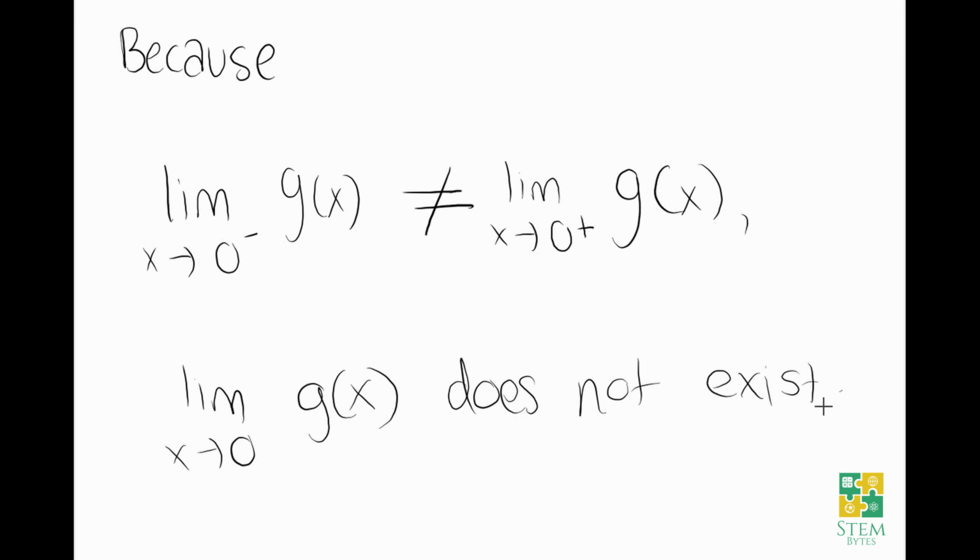And this makes sense, right? We weren't able to find a limit. It doesn't exist because in one direction it was going down and in the other direction it was going up. And we never saw a turn in the graph where it just connected or mysteriously connected in some way. So this means that the limit as x approaches 0 of g of x does not exist.